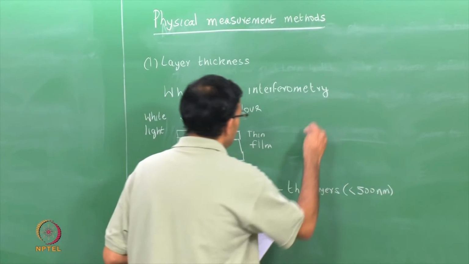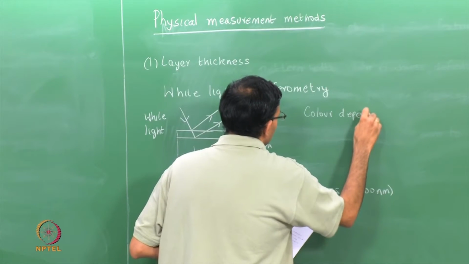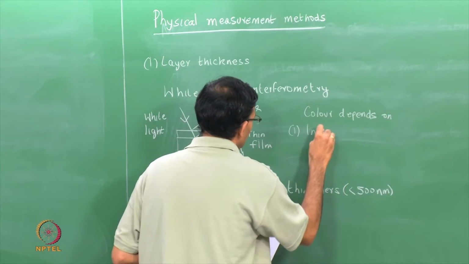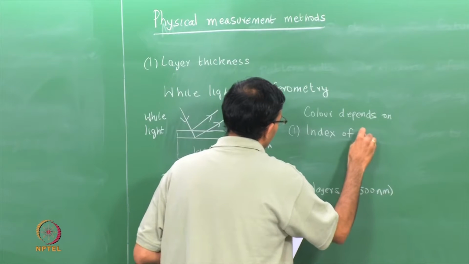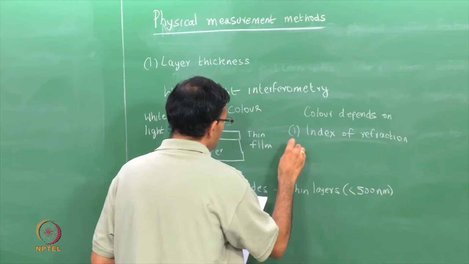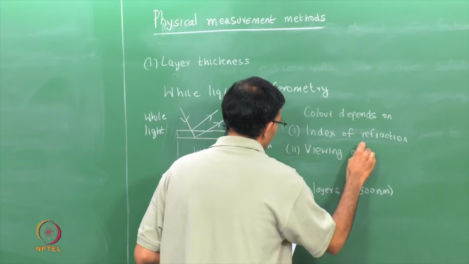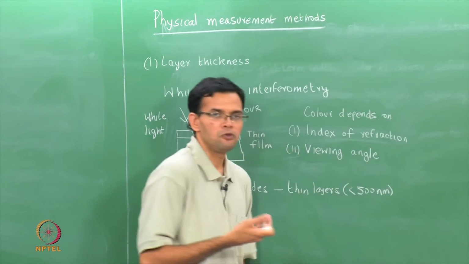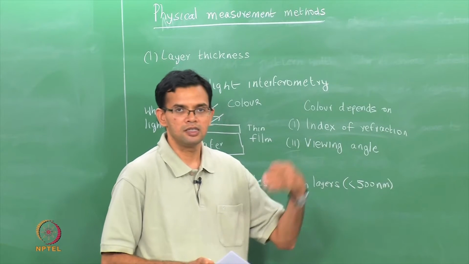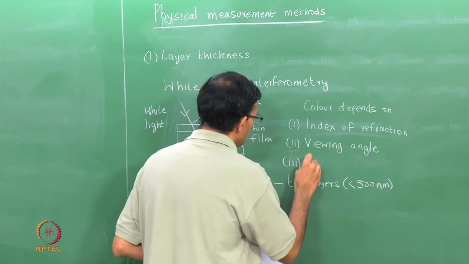So, it depends upon the index of refraction, it depends upon the viewing angle, so whether you view the film from top or from the side will matter, because it will change the distance or the path length of the light through the film and also the film thickness.